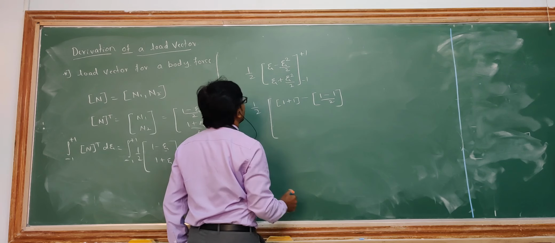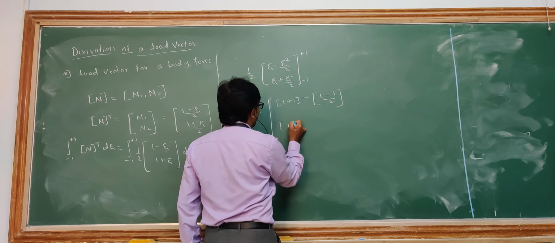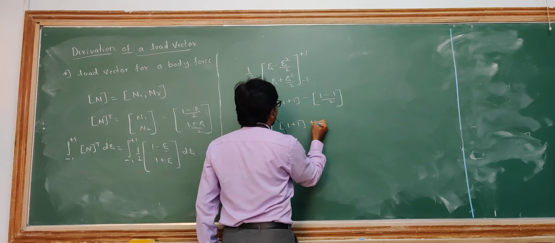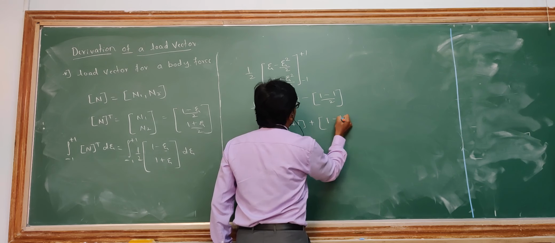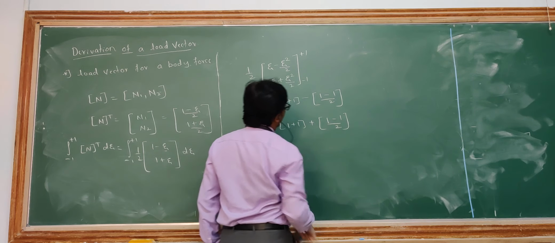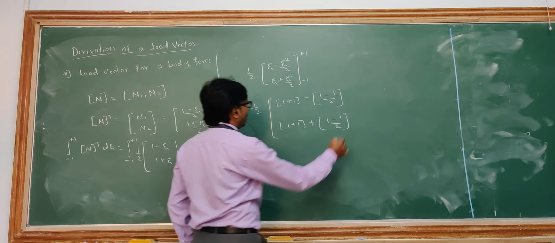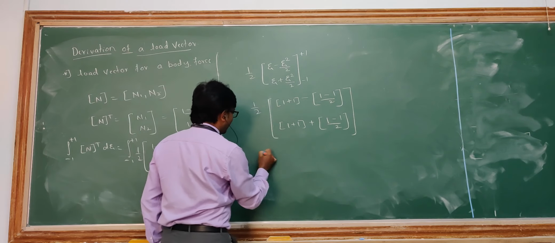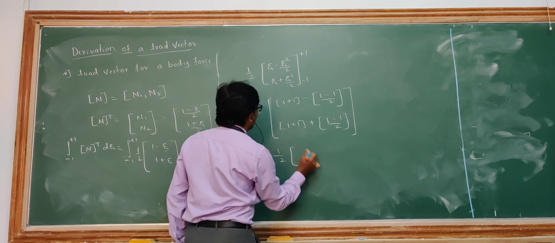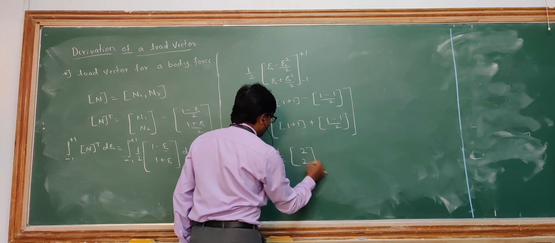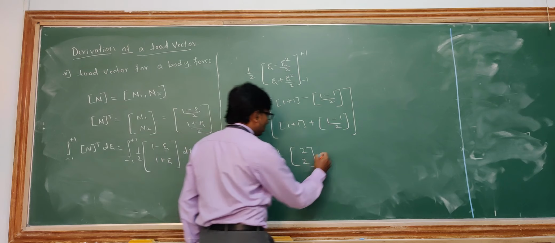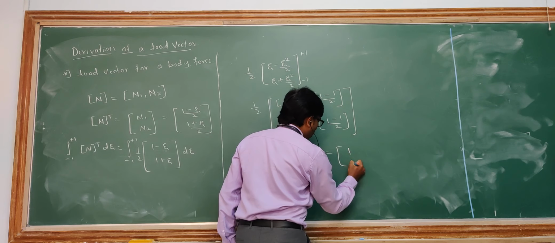Here once again, 1 plus 1 plus 1 minus 1 divided by 2, because it is squared here. 1 minus 1 divided by 2. What you will get is 1 by 2, 2 and 2. If you solve this, you get 1, 1.